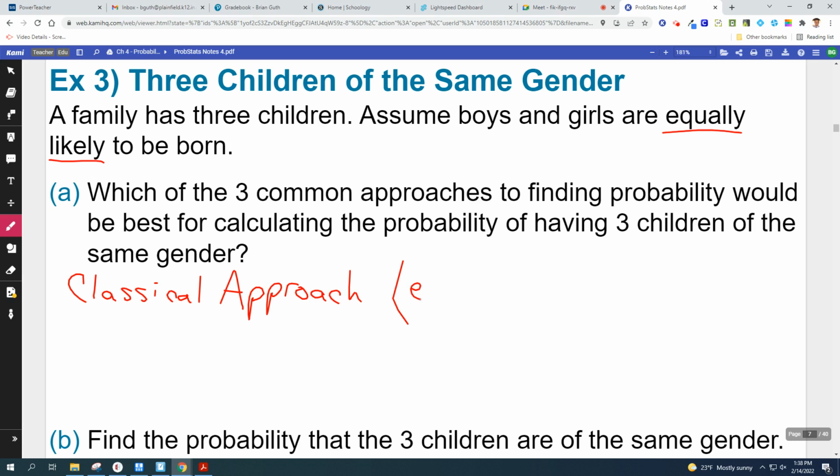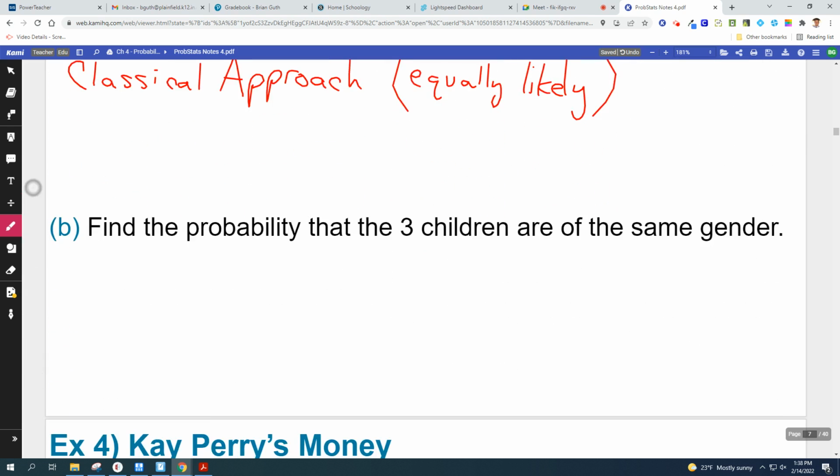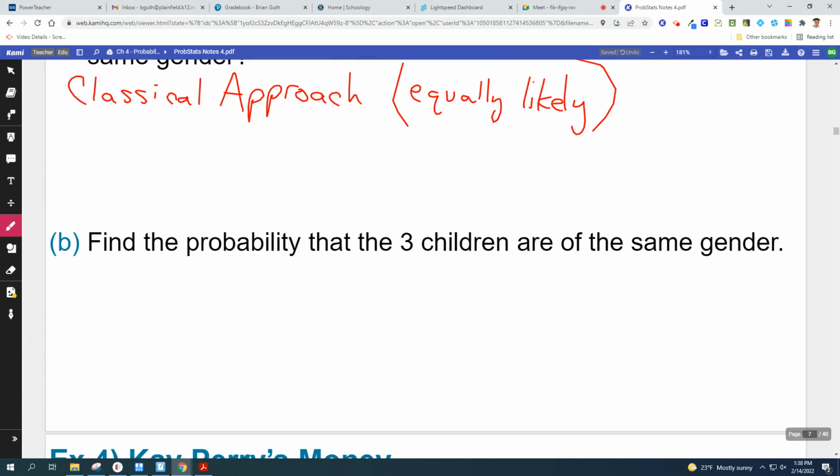And again, the key here for me is when it says equally likely. But also, it's not an experiment. I'm not looking at something. I'm not counting something.